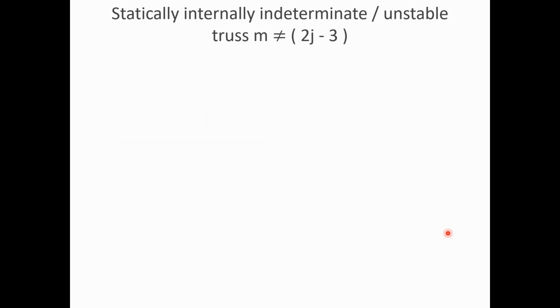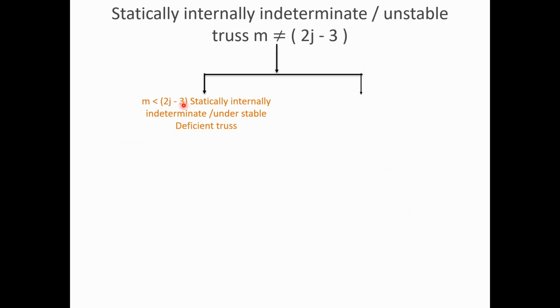Now to analyze the statically internally indeterminate or unstable truss, we again divide this truss into two conditions. The first one is when m is less than 2j minus 3. That means in the truss the number of members is less than 2j minus 3, then that truss becomes statically internally unstable, or we can say a deficient truss. Deficient truss means there is a deficiency of members in the truss.